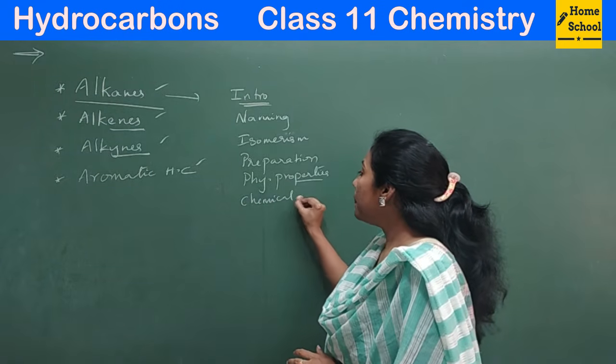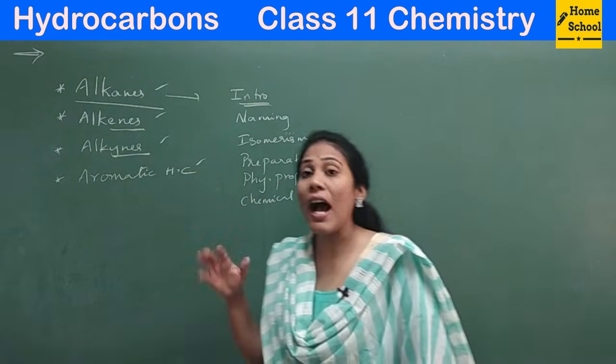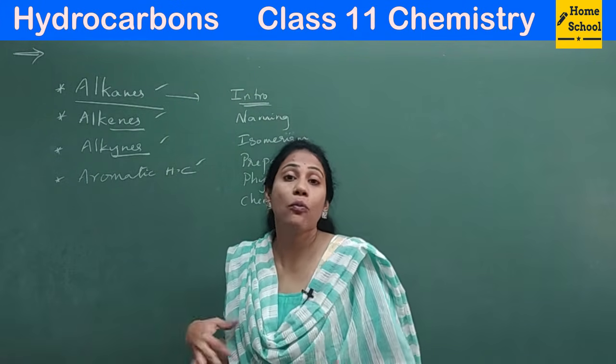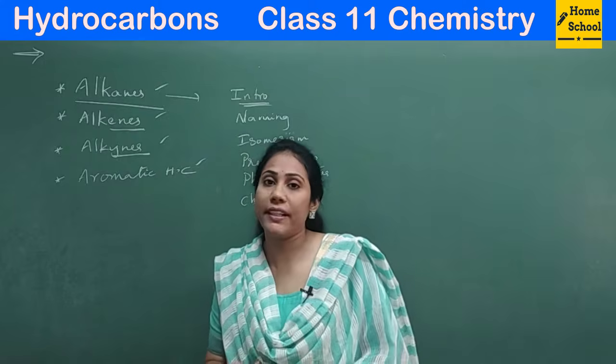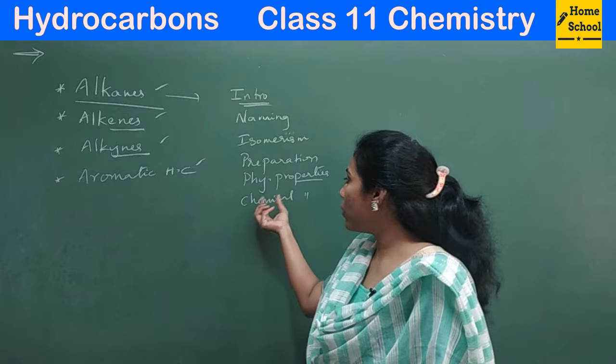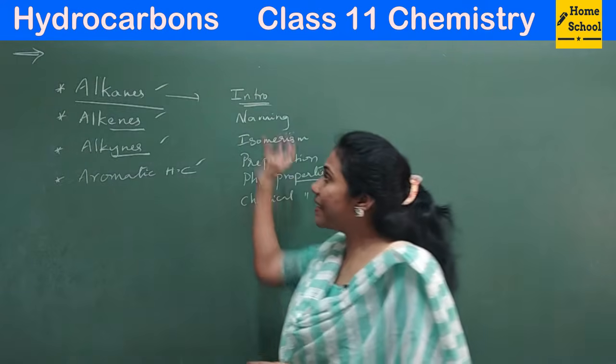Under chemical properties, we discuss how they react, with what type of compounds they react, and what type of products you get out of them, right? So it's like their uses. What do we discuss in chemical properties? It's their uses.